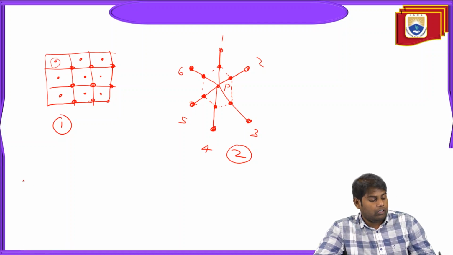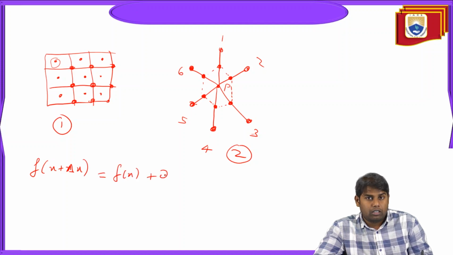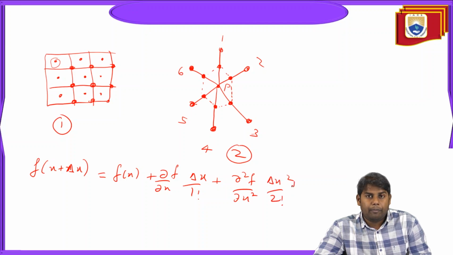What is the difference we saw? When we see the Taylor series expansion, f of x plus delta x is equal to f of x plus dou by dou x of f into delta x divided by 1 factorial plus dou square f by dou x square into delta x square divided by 2 factorial plus so on.